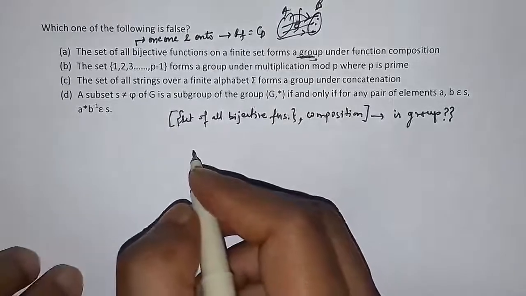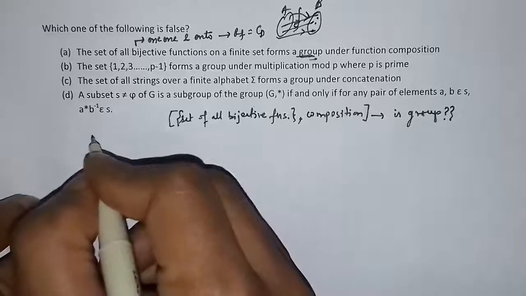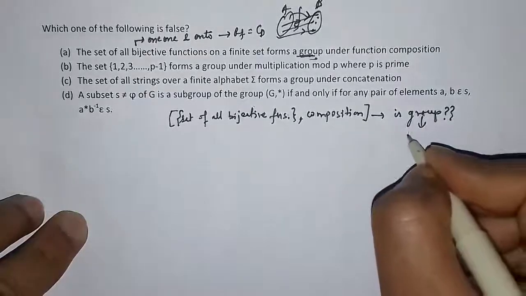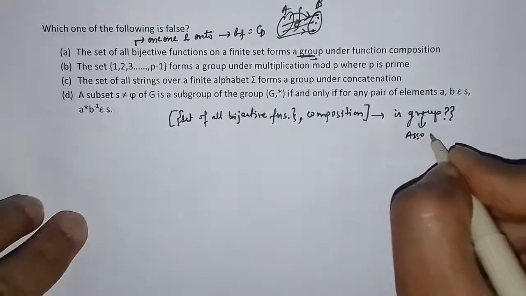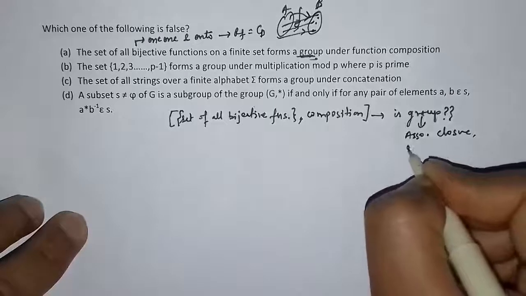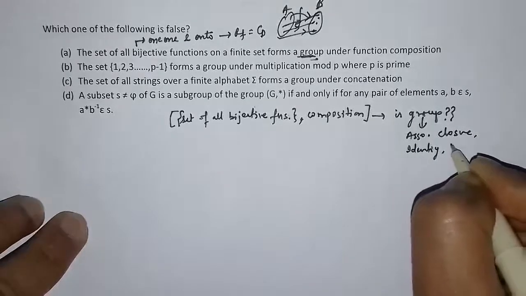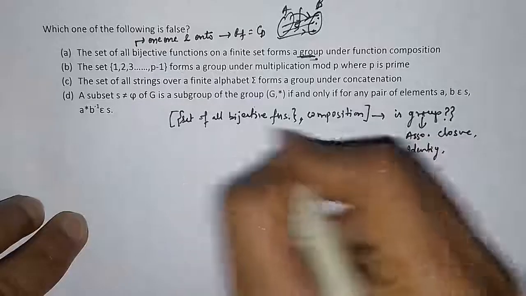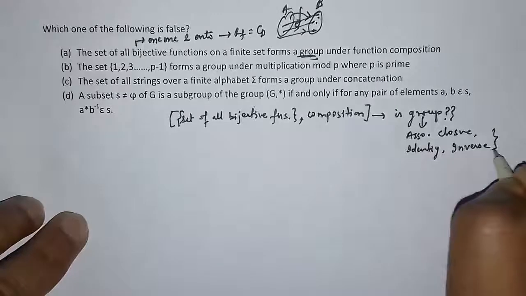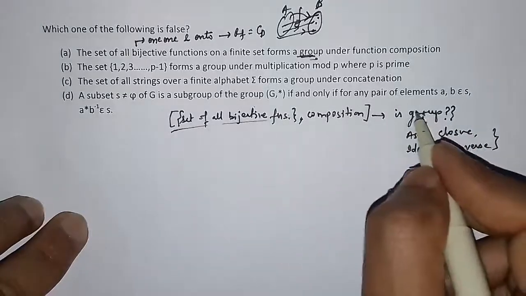In order to become a group, four properties need to be satisfied. Properties are associative, closure property, presence of identity element, and every element in the set must have its inverse. If the four properties are satisfied, then this structure is a group.